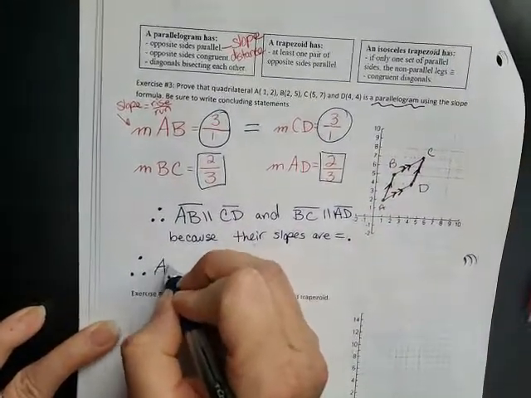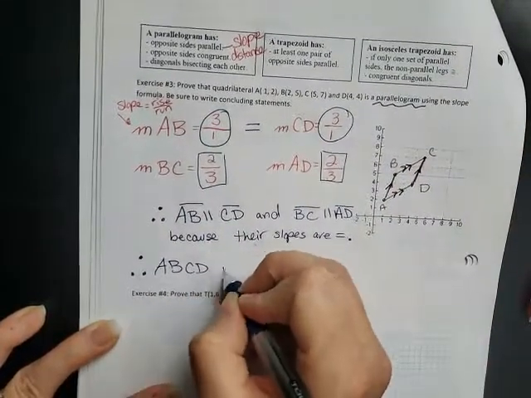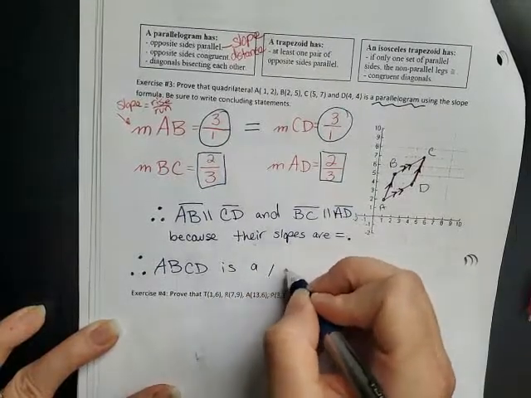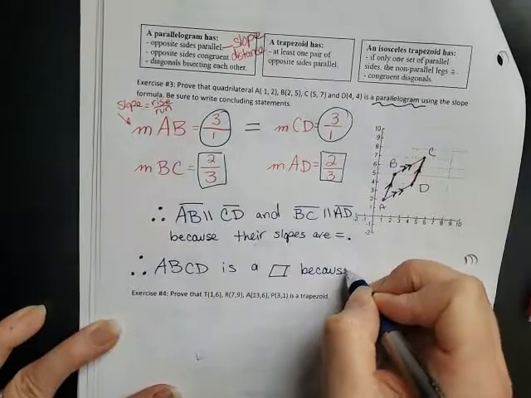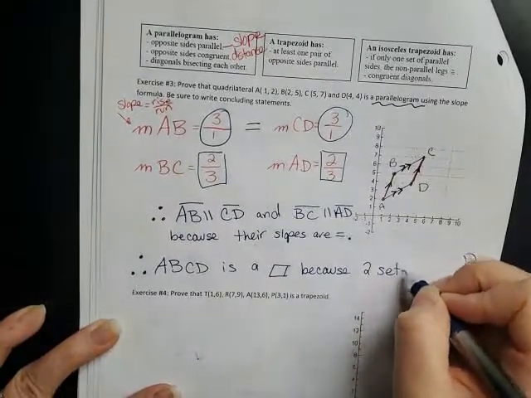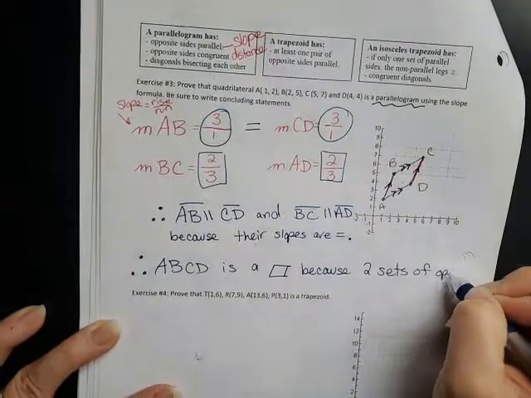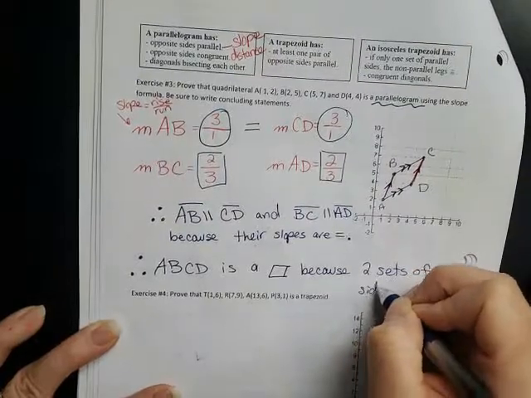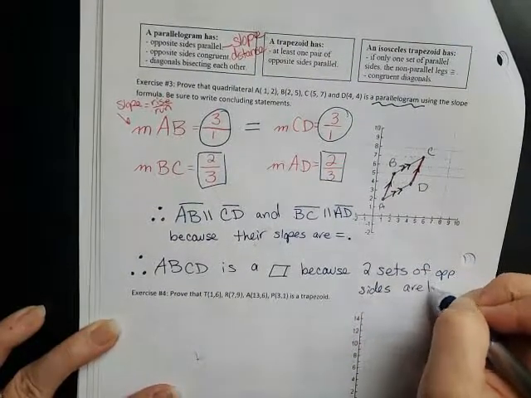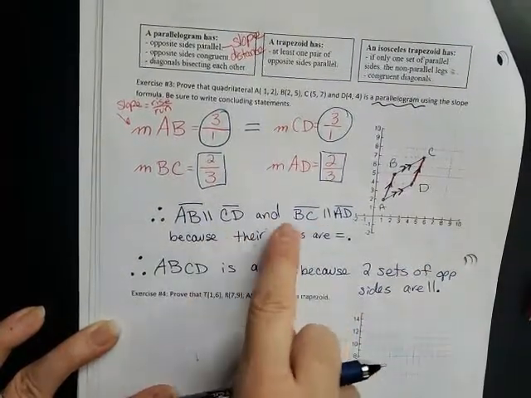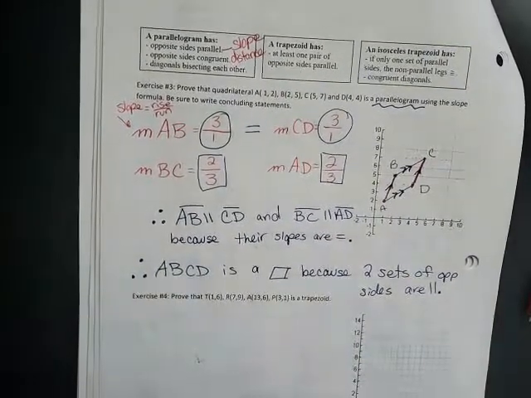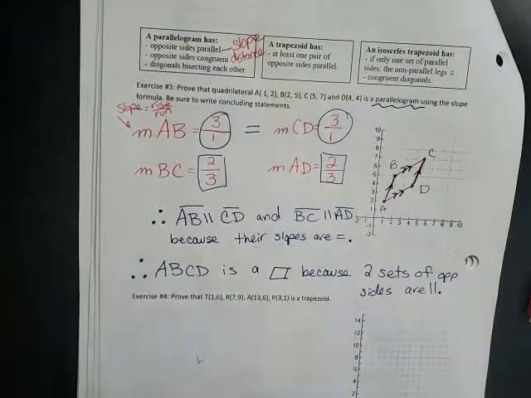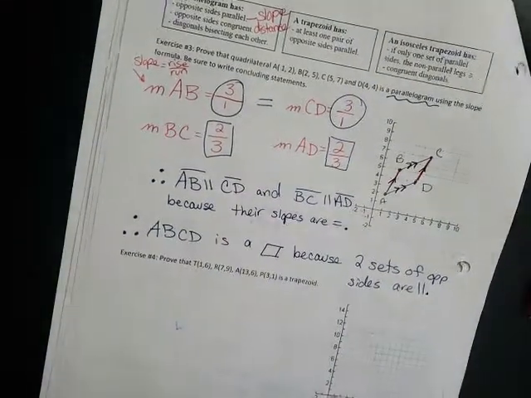So therefore, ABCD is a parallelogram because two sets of opposite sides are parallel. And how did we know they're parallel? Because their slopes are equal. I know it seems redundant to restate the same thing over and over, but that's how these proofs are formatted.